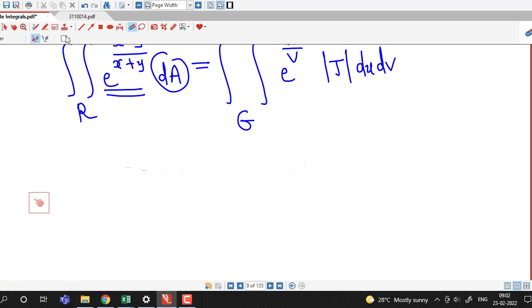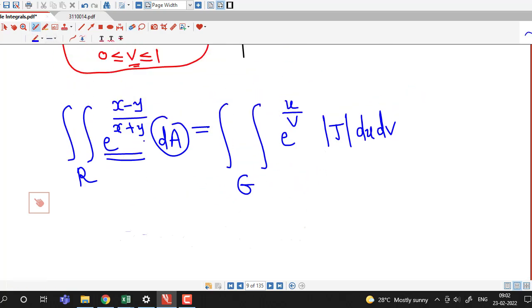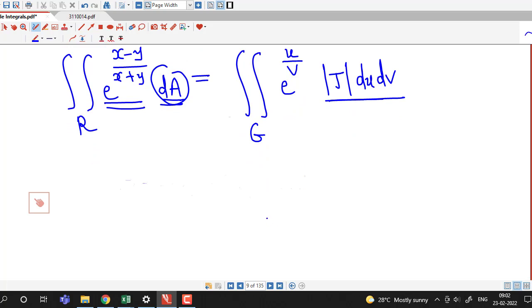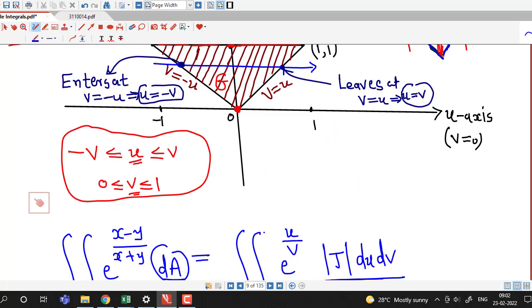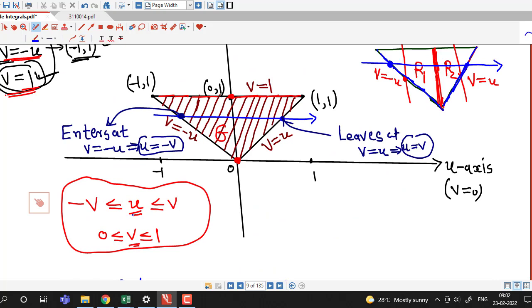Now we have obtained the limits of integration in the UV plane. Let me write this properly. Okay, double integral over G in the UV plane. This dx dy or dA is replaced by the absolute value of the Jacobian times du dv. Now we have used the horizontal line, so the order of integration is first with respect to u and then with respect to v.